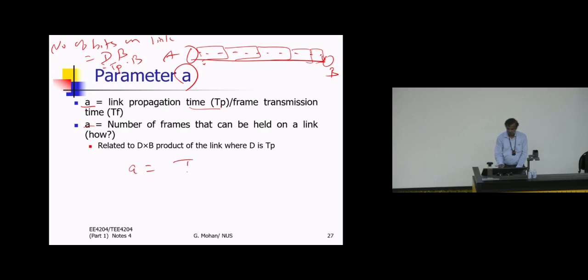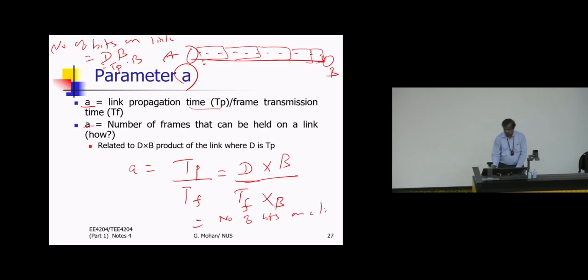How? a is equal to TP by TF. This is equal to d by TF. Multiplied by B on both sides, so that's equal to the dB product divided by TF times B. TF multiplied by B: TF is equal to size divided by bandwidth, correct?